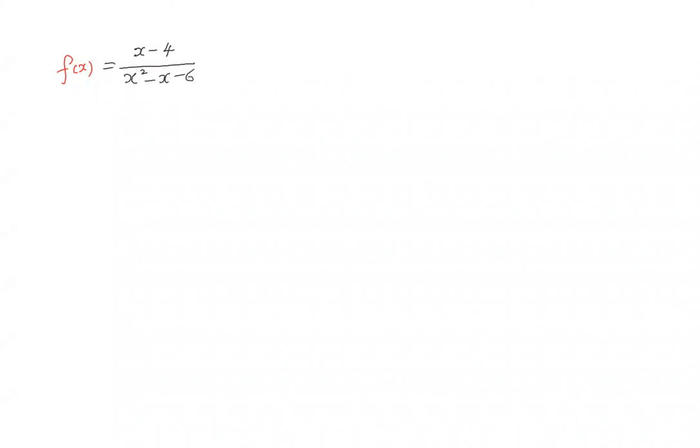When you learn function, you got this, correct? So this type of function, we call it rational function. That means a function that is a quotient of two algebraic expressions.